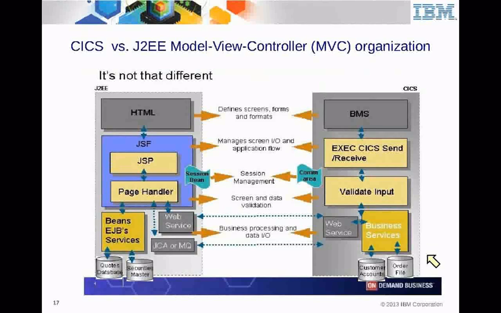We have the business logic, the transaction ID and program, which is the logic, and then we've got the data source. There's a definition for the data source. There's a definition for the transaction ID associated with the program. There's a separate definition for the map. We separated the business logic from the static data that goes to a screen from the variable data. In a way, conceptually, it's the same thing.